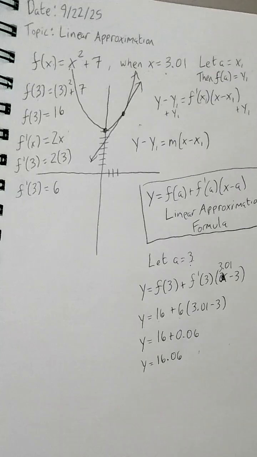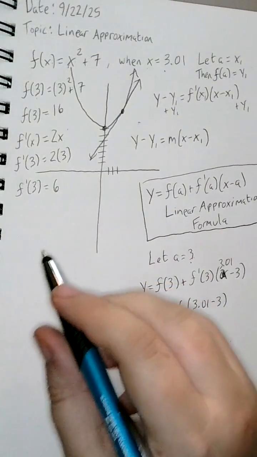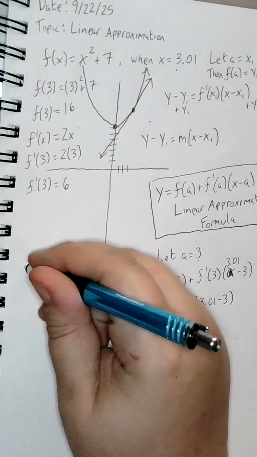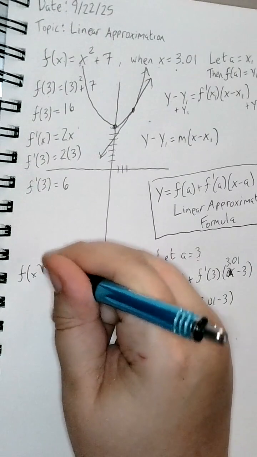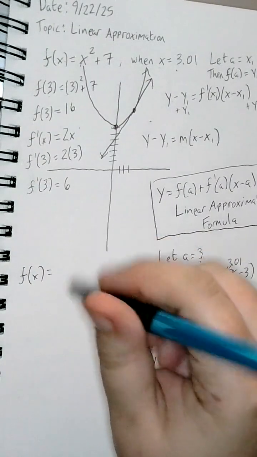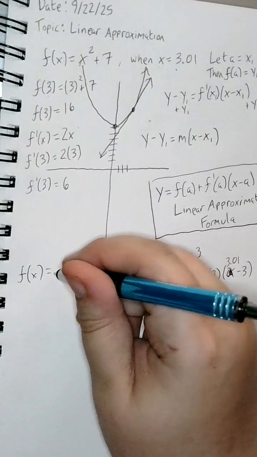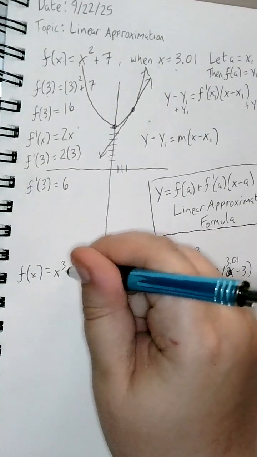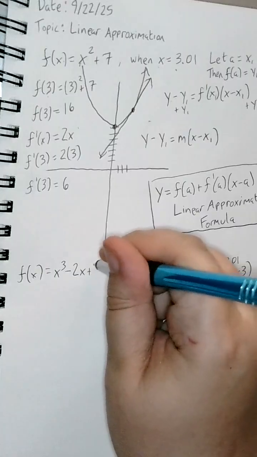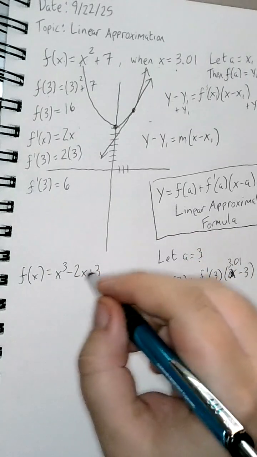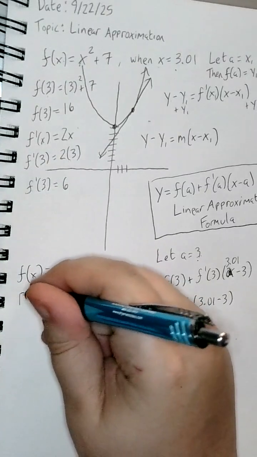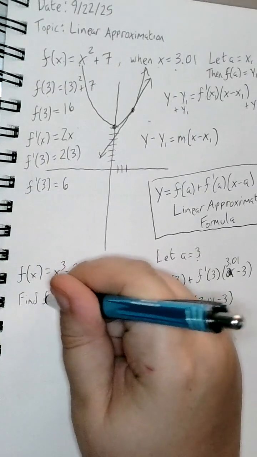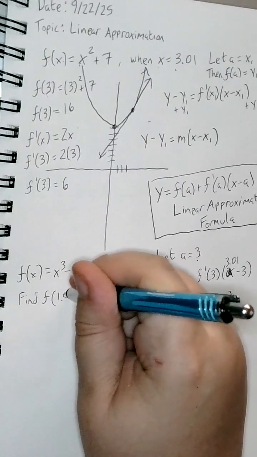All right, let's go ahead and try another one. Let's say that f of x is equal to x cubed minus 2x plus 3, and I want to find f of 1.99.